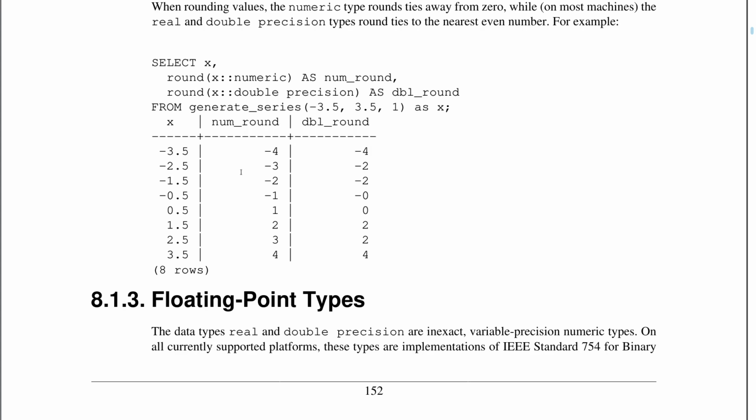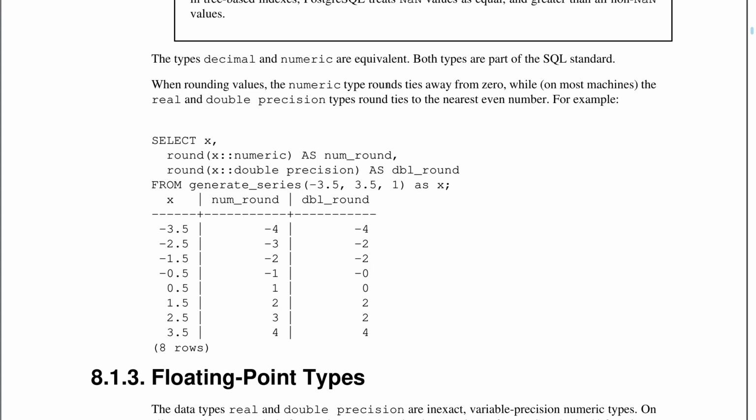Now when you do numeric round, it ties away from 0. So minus 3.5 will become minus 4, minus 2.5 will become minus 3, and similarly 3.5 will become 4. But double precision types and real types, they tie to the nearest even numbers. So this will become minus 4, but this will become minus 2, and so on.